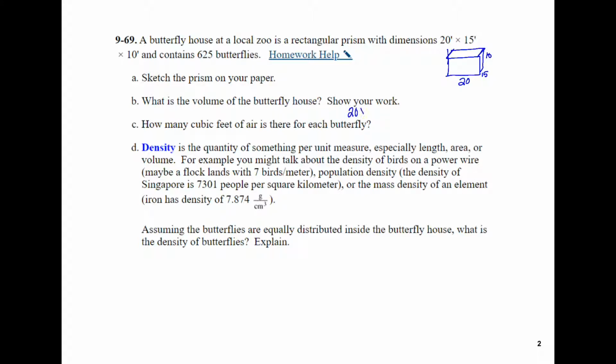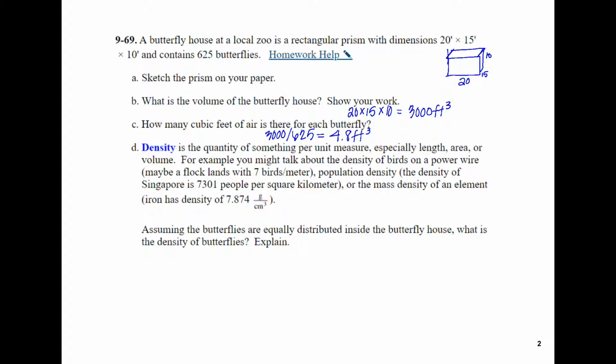So 20 times 15 times 10 gives us 3,000 feet cubed. How many cubic feet of air is there for each butterfly? So if we take the 3,000, divide that by our 625 butterflies, we get approximately 4.8 cubic feet of air per butterfly.